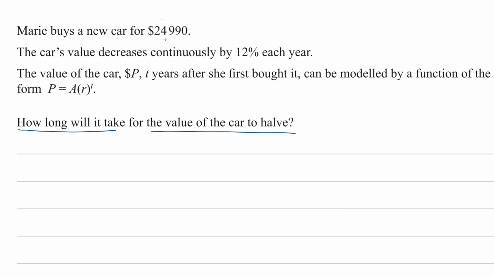So if Marie buys a new car, we assign that at time equals 0. So the value of the car at time equals 0. And that's a point. We're essentially modeling a function that has a starting value, and it depreciates over time. So we can use that point in our function to solve for A. So when P is 24,990, A, we don't know what it is, R, we still don't know what that is yet, T is 0, it's the initial time.